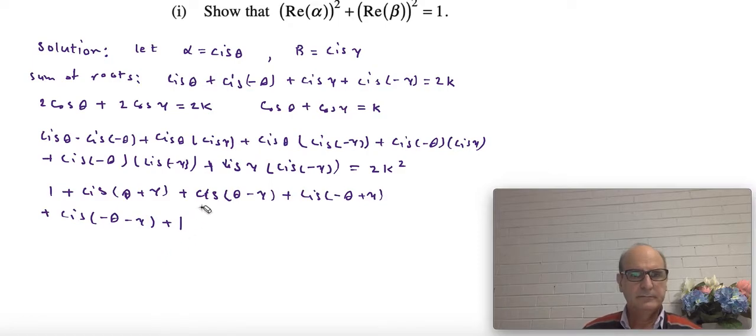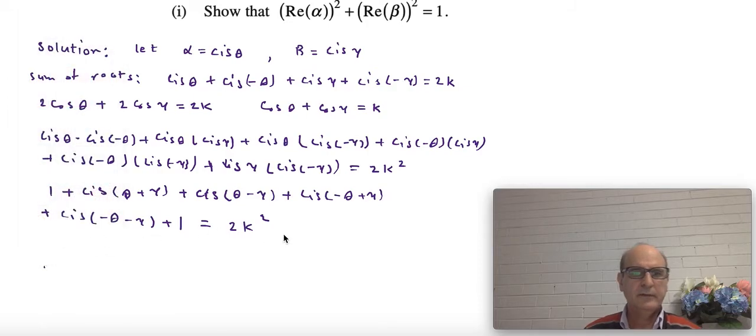So we had minus theta plus gamma, then cis minus theta minus gamma, and these two became 1, equal to 2k squared.